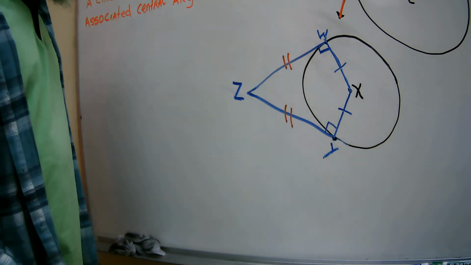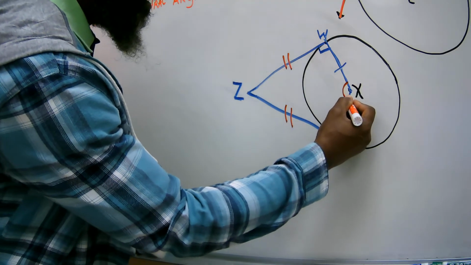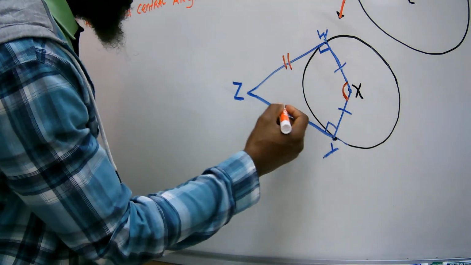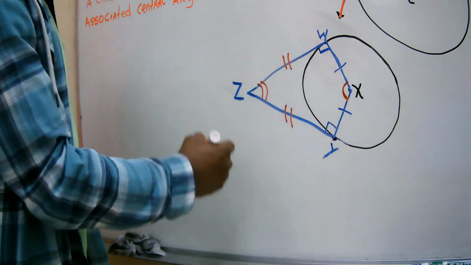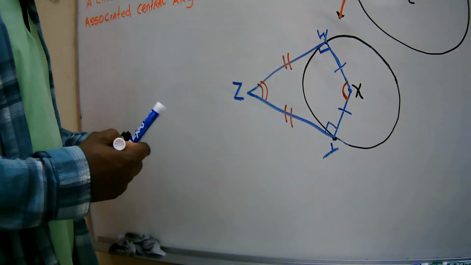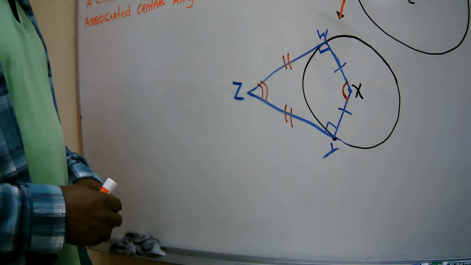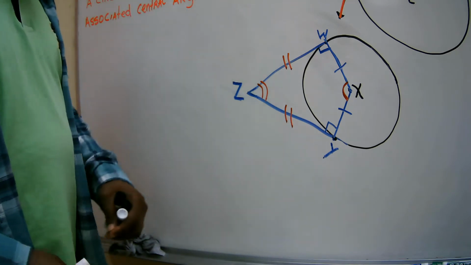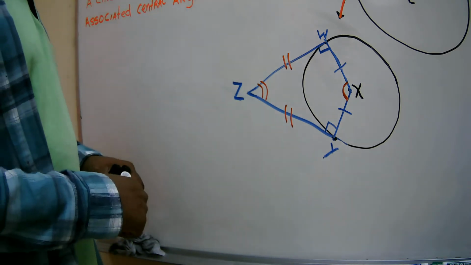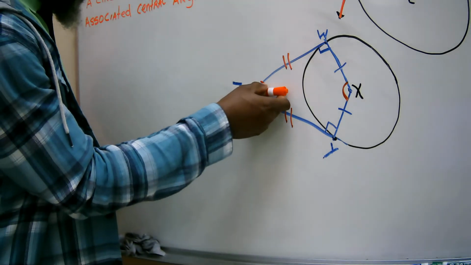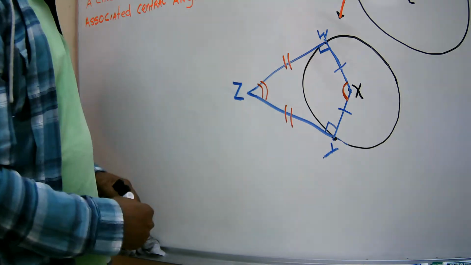So your central angle, angle X, and angle Z will be supplementary. That's what this lesson is trying to convey. Let's go back again. A circumscribed angle of a circle and its associated central angle are supplementary. This circumscribed angle Z and the central angle X will always be supplementary.